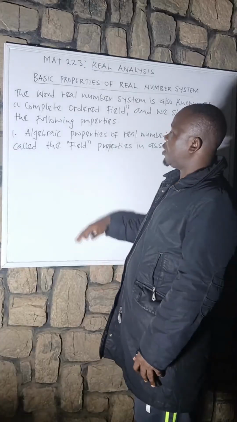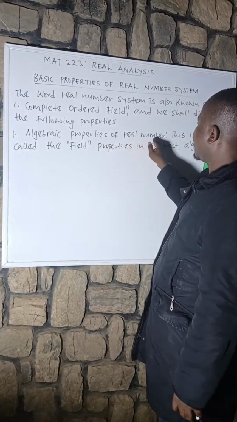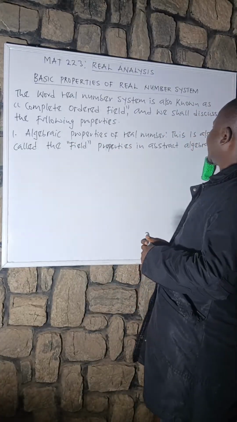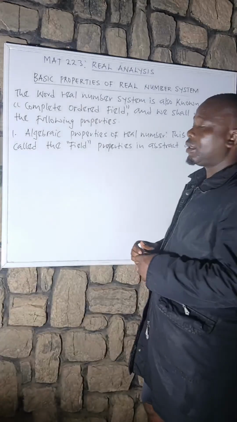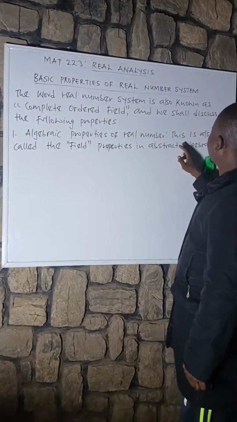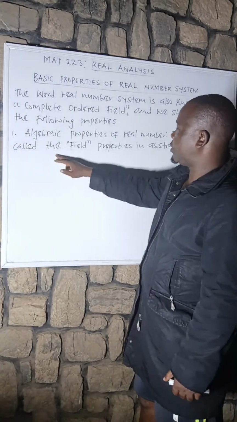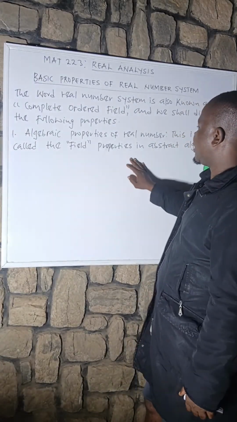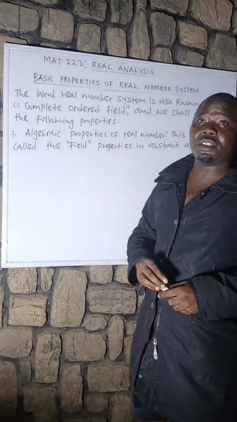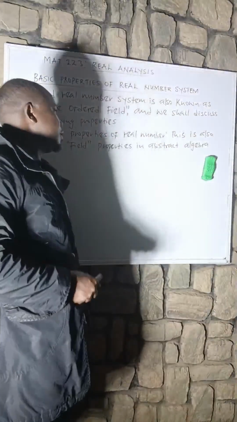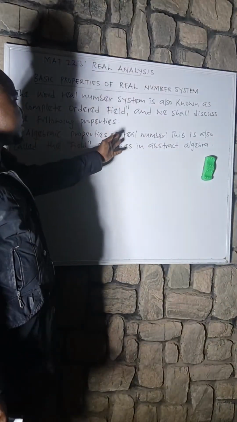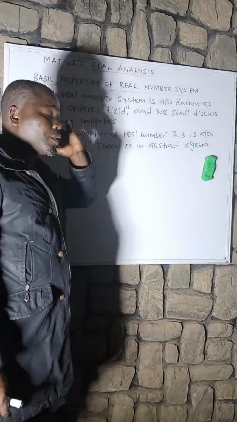One, algebraic properties of the real number system. This is also called the field properties in abstract algebra.